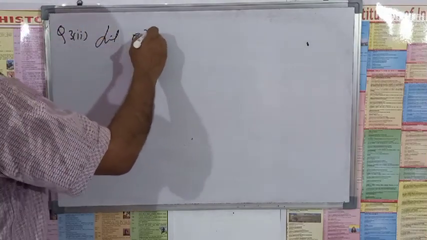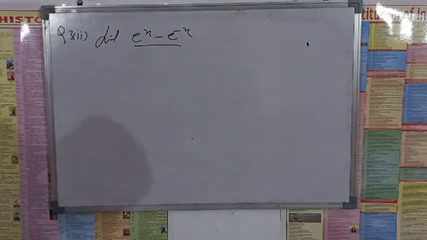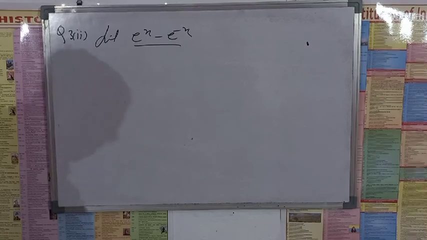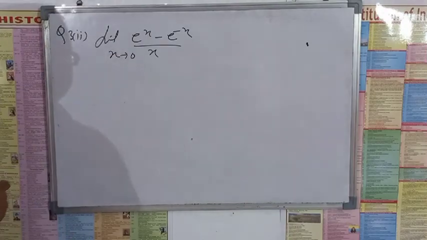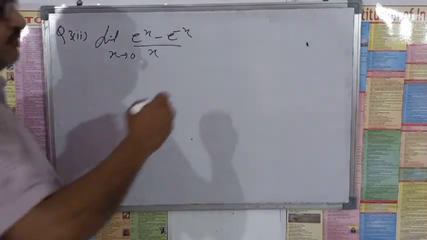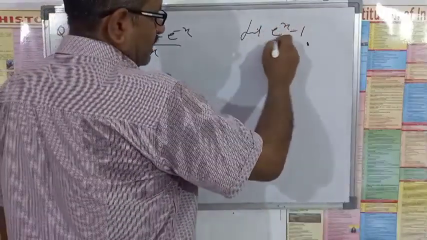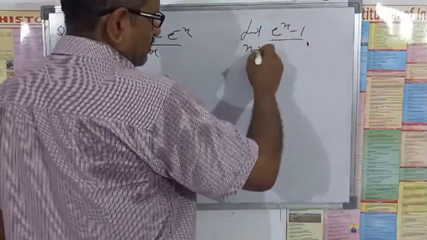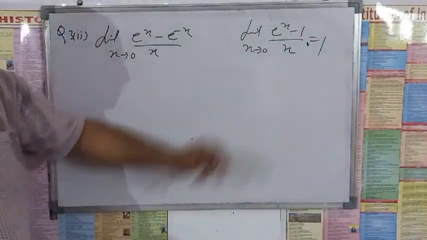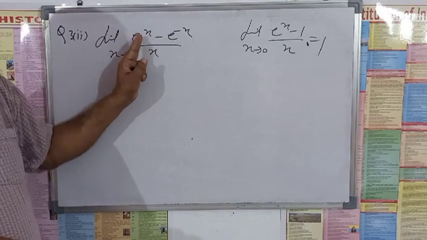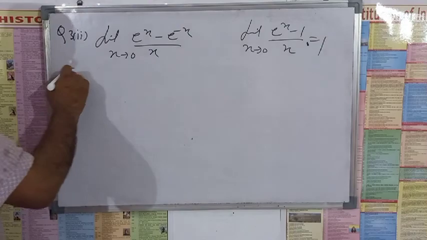Limit of (e to the power x minus e to the power minus x) upon x, x tends towards 0. We have to find the limit. We know that limit of (e to the power x minus 1) upon x has value 1. So we will apply this one. But 1 is not here. e to the power x is there, but 1 is not here. So we have to bring 1 here.